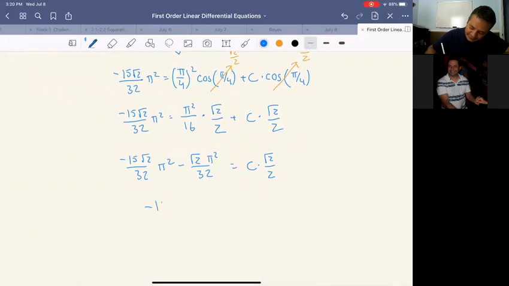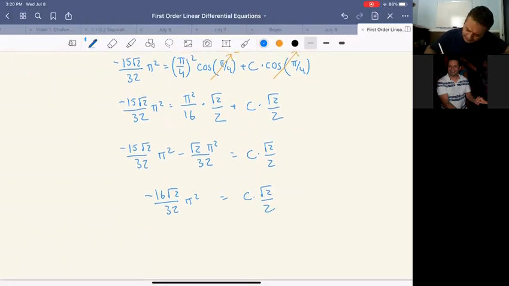So negative 16 root 2 over 32 pi squared equals c times root 2 over 2. 16 over 32 is 1/2. So root 2 over 2 times negative pi squared is c root 2 over 2. Oh, wow, c is just going to be negative pi squared.